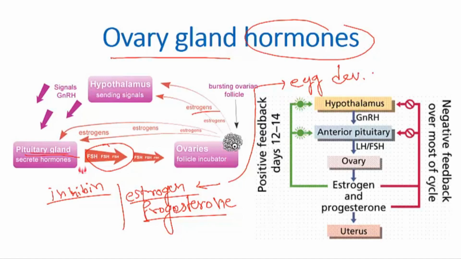Also this egg development takes place inside the follicle, so it also helps in the process of maturation of the ovarian follicle and their balance of producing eggs.